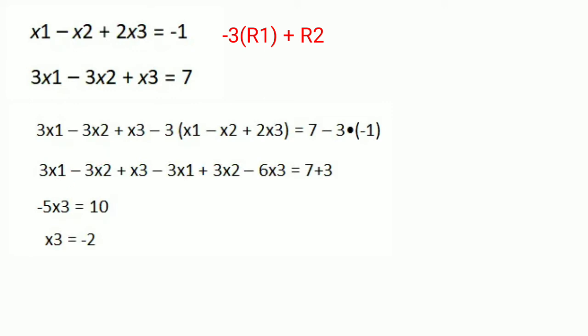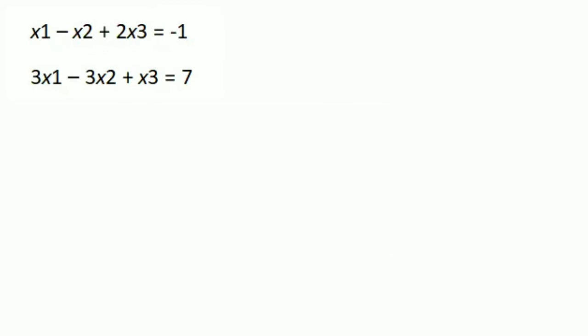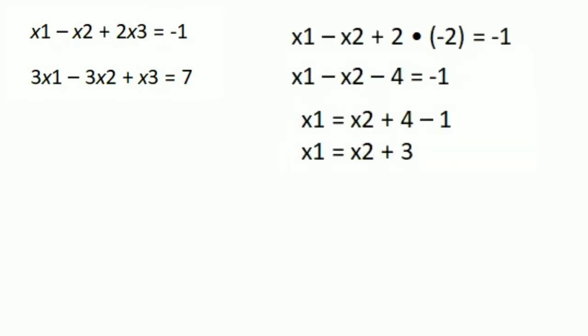Since we now have the value of x3, which is -2, we can find the missing two, x1 and x2, to write the column matrix B as a linear combination of the columns of matrix A. From the first equation, x1 minus x2 plus 2x3 equals -1, we will have x1 minus x2 plus 2 multiplied by the value of x3, which is -2.